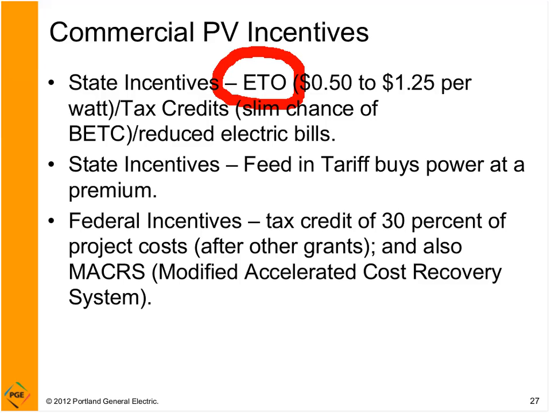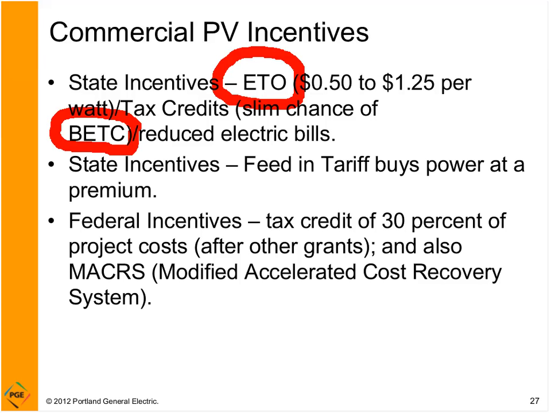The incentive varies a lot with size, with utility, so you need to talk to the Energy Trust, talk to your contractor about the details of those incentives, but there is an Energy Trust available for commercial PV. On the state side, you may have heard of the Business Energy Tax Credit. That's very hard to get nowadays, so there's a very slim chance you might be able to get a Betsy. Talk with your contractor about those details.